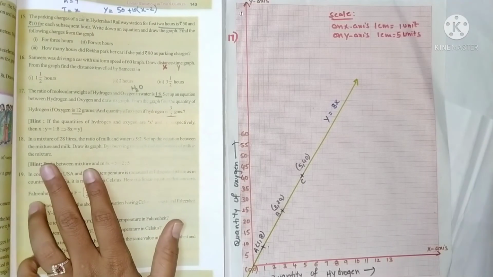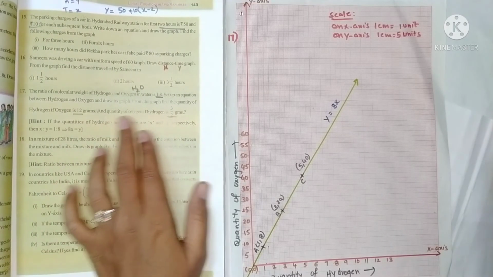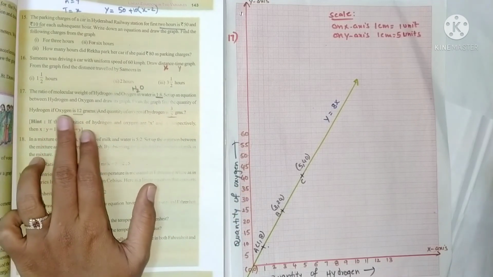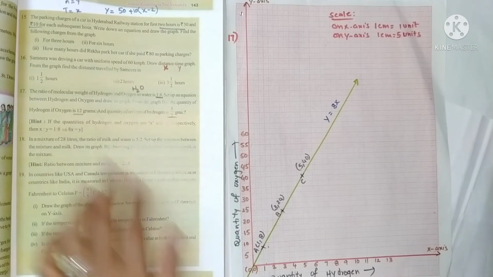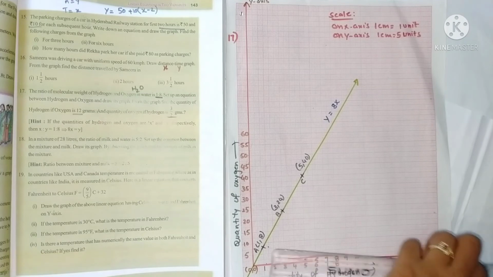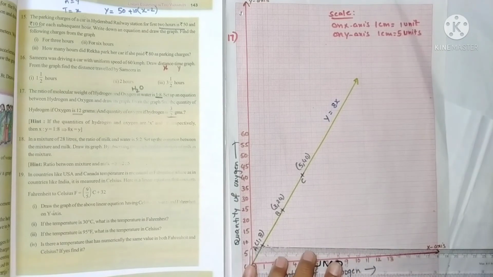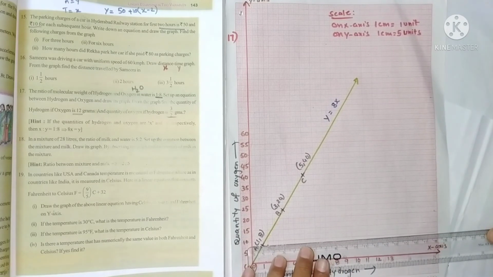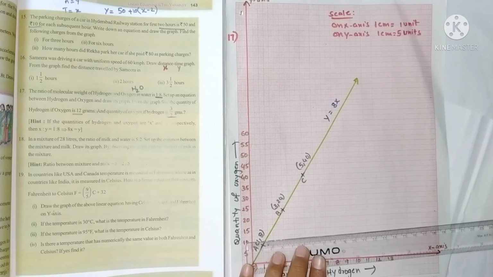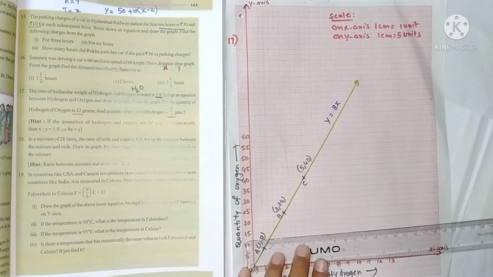So here questions are there. This is the 17th problem. Quantity of hydrogen if oxygen is 12. So if y is 12, what is the value of x? Simply, 12 means 4 lines after 10.